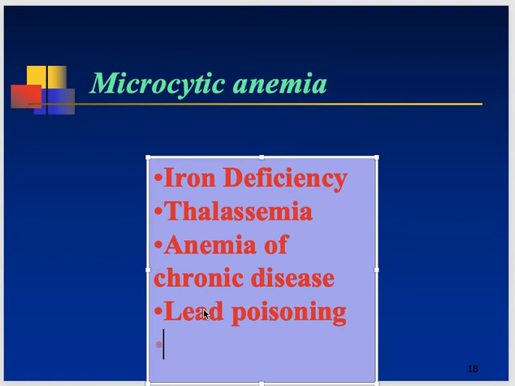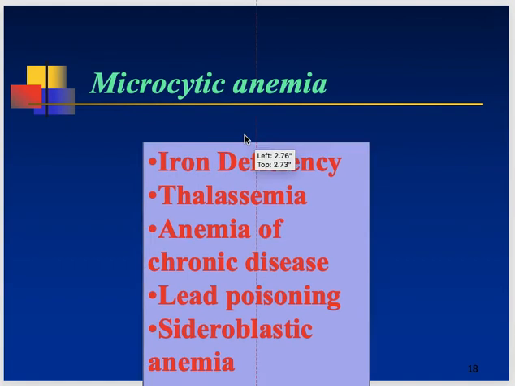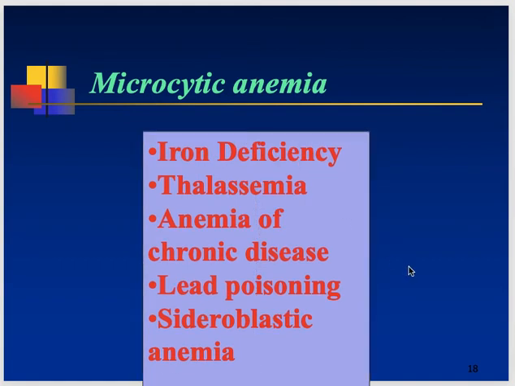And S is for sideroblastic anemia. If you don't know what a sideroblast is, you can go through the previous lecture where I explained sideroblast cells. So these are the five causes, completely remembered by the name TAILS.